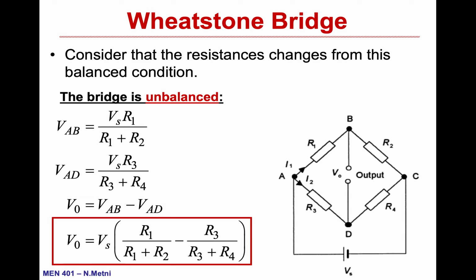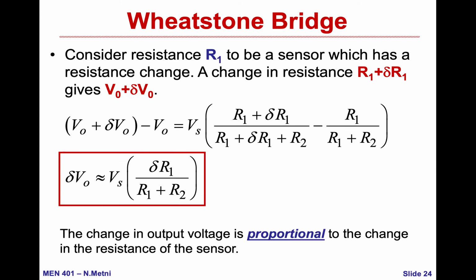So let us see what is the relation between this delta R1 and delta V output. If I have any change from R1, so R1 plus a small delta R1, it will give me a V0 plus delta V0. So my new voltage minus my old voltage will give me a delta V0.